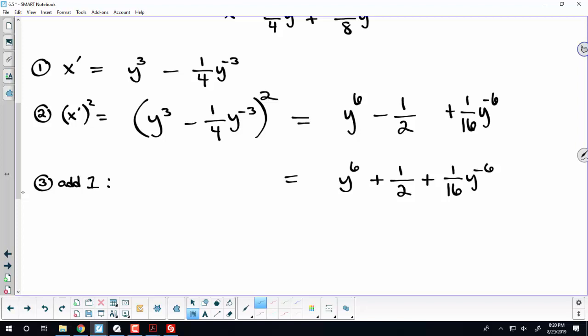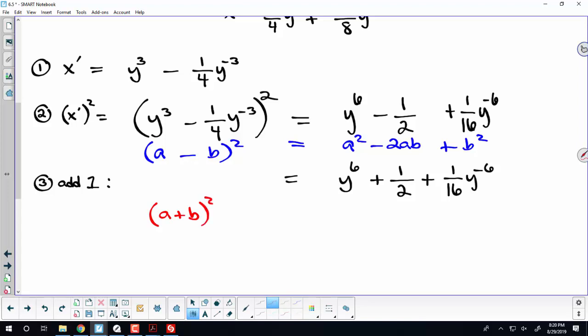Okay, so the way we can look at this is, what we started with squaring was essentially a minus b, and we squared that to get a squared plus b squared minus 2ab, right? Minus twice their product. That's the formula for that. The other perfect square in that sense that we have is a plus b quantity squared, which is simply a squared plus b squared plus 2ab.